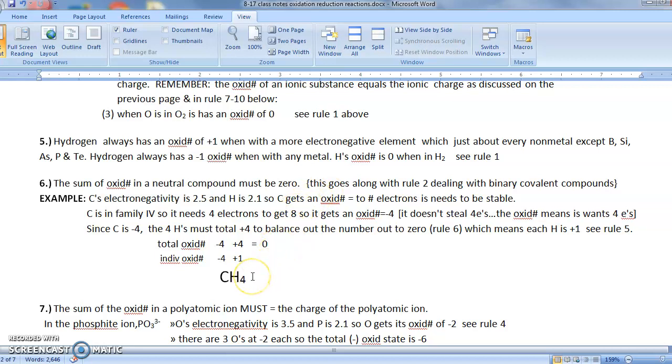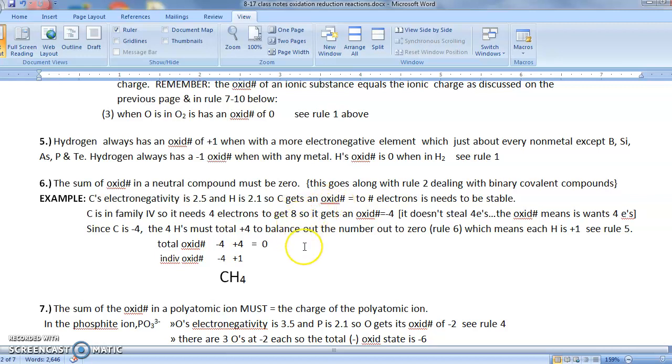Here we have methane gas, CH4. In this compound, it's binary covalent. We have carbon and hydrogen, so we're going to assign an oxidation number to the more electronegative element first. Carbon's 2.5, hydrogen is 2.1. So carbon gets the oxidation number that it prefers, which is equal to the number of electrons it would need to be stable.